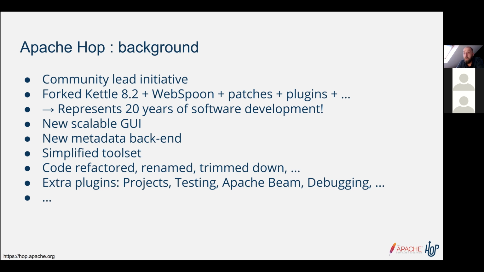And of course, we refactored, renamed, trimmed down. We did a lot of cleanup before we started rebuilding the Hop platform. I think we went down from about 2 gigabytes to a little over 350 megabytes now, with more functionality. So the trimming down has been significant.